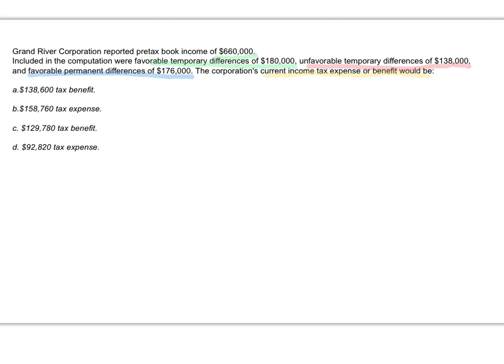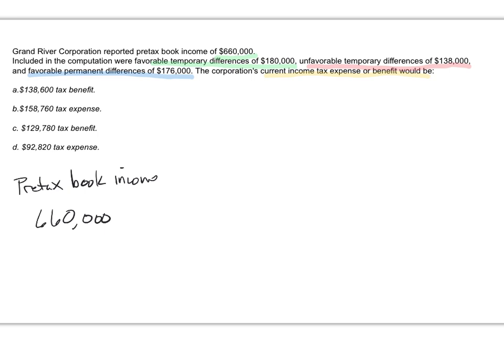In order to compute our current income tax expense or benefit, our starting point is book income. Since we're looking at our current income tax expense or benefit, we need to look at our temporary differences as well as our permanent differences.